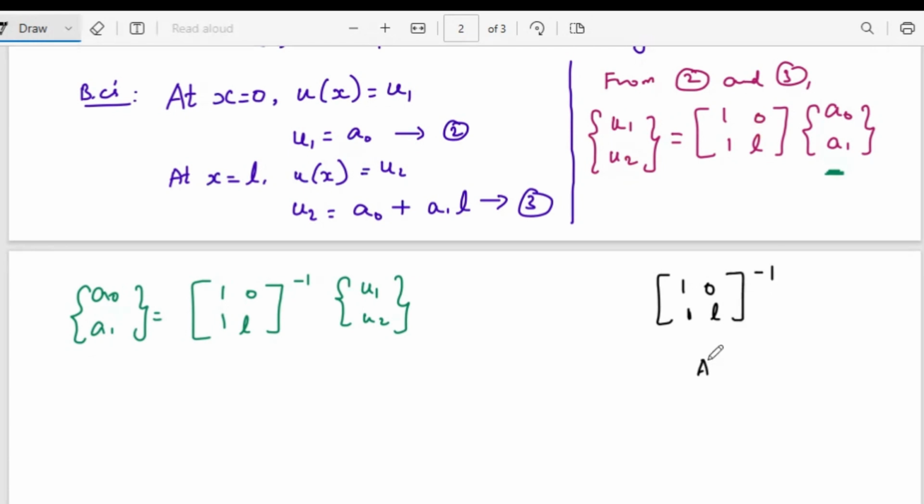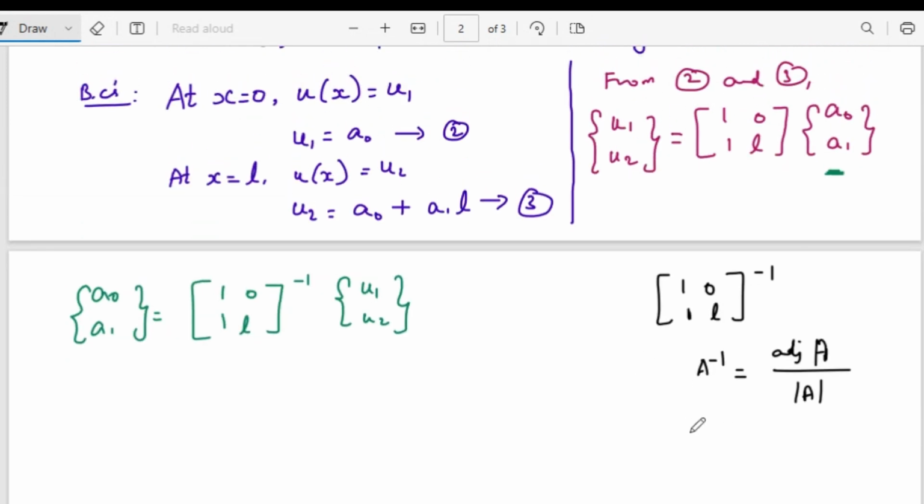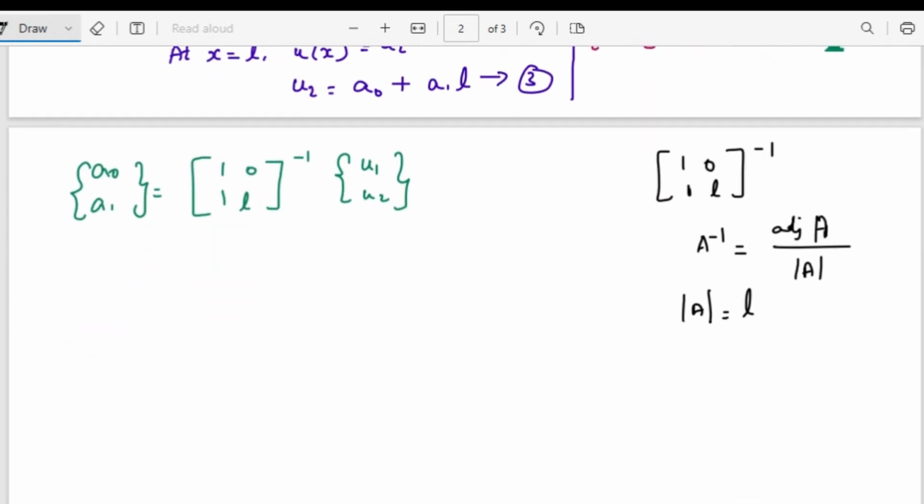So we know the formula for A inverse. A inverse is equal to the adjoint of A divided by the determinant of A. If we try to find the determinant, it is going to be L. And to find the adjoint, we need to take the cofactors.